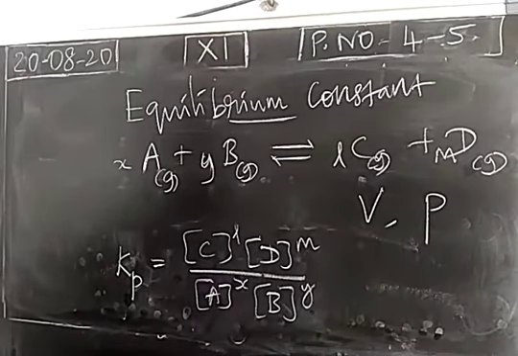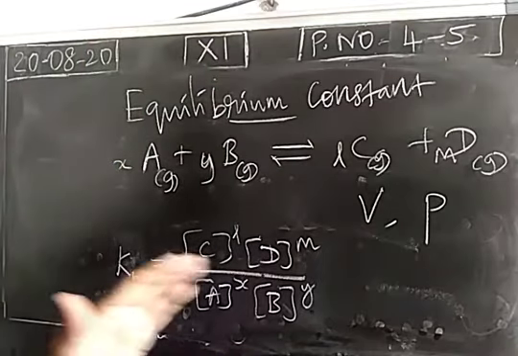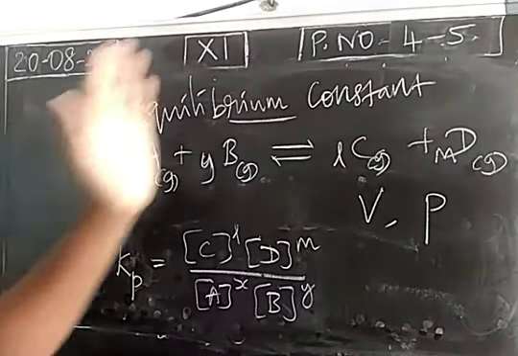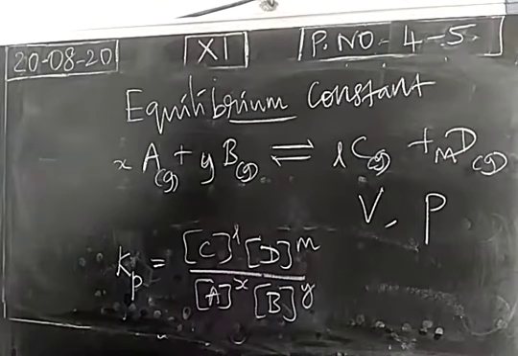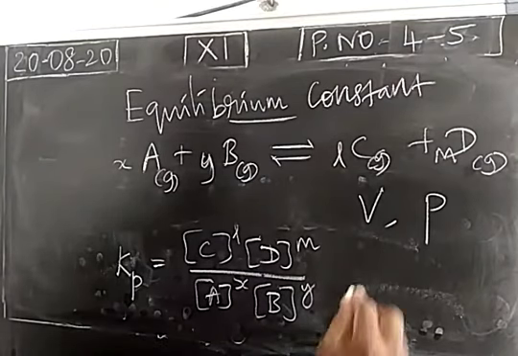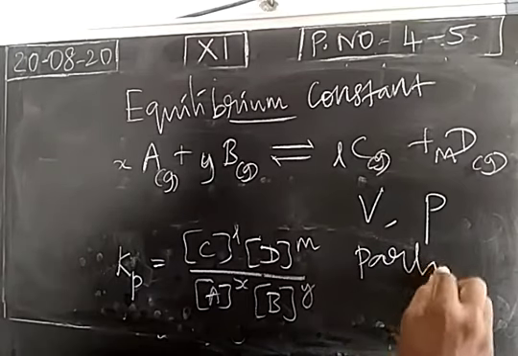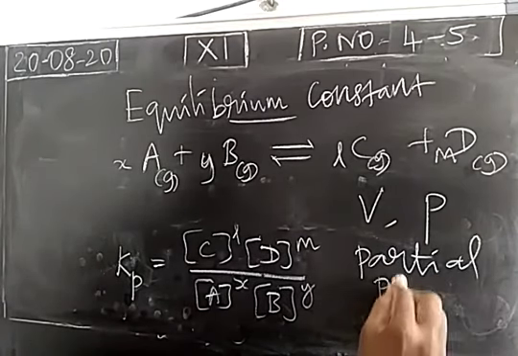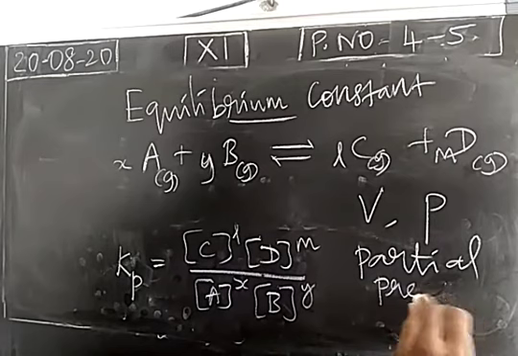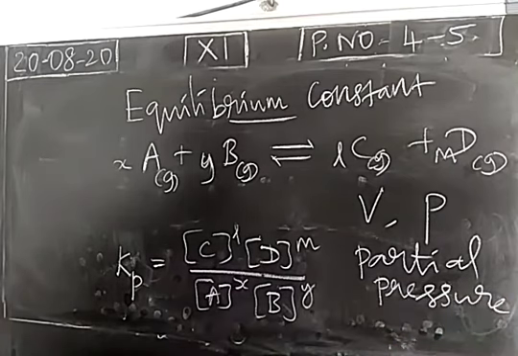Total pressure means how much pressure is created by having all four gaseous molecules. Next, partial pressure. Partial pressure means pressure exerted by individual molecules.